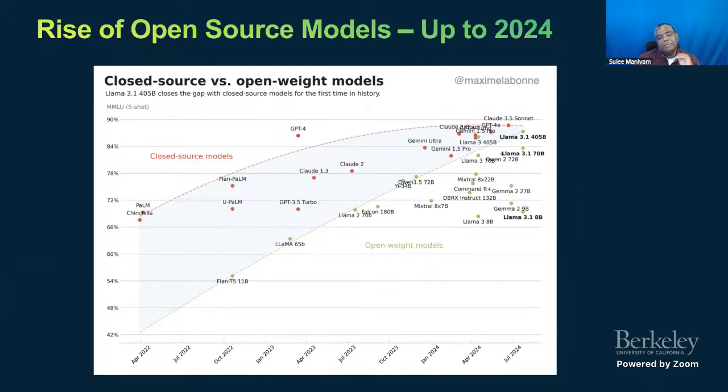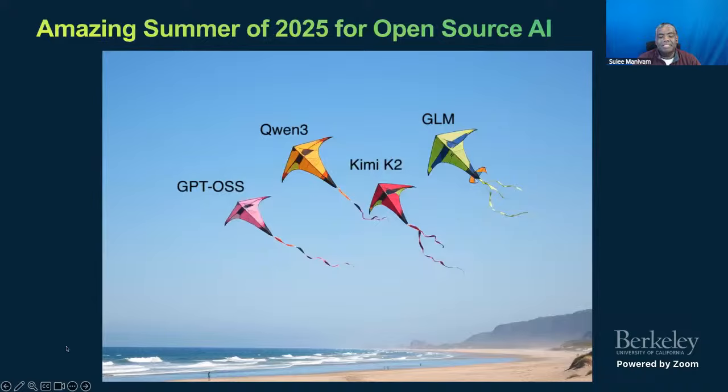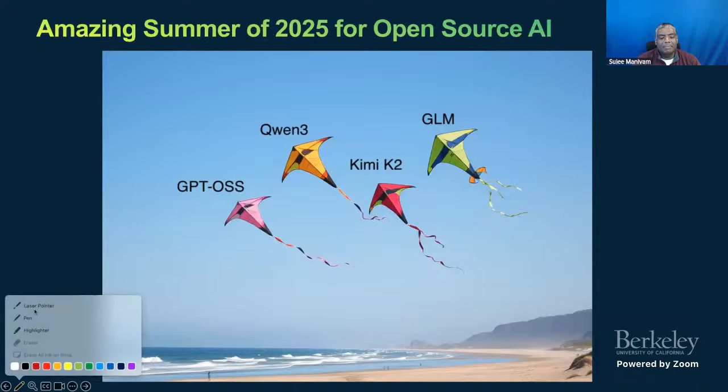As time goes on, they're both improving, but the open source models are catching up pretty rapidly. Towards the end of 2024, about a year ago, you can see they are very close to each other. But remember, this is only going to 2024, last year. And a year in AI is like an eternity. So this year, we have seen some pretty amazing models come up.